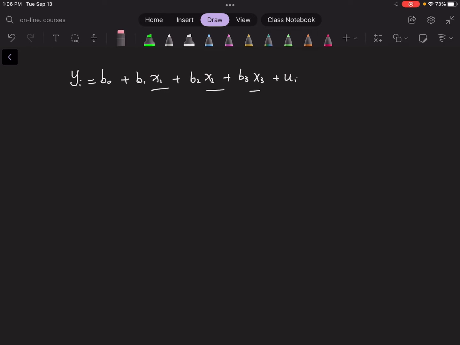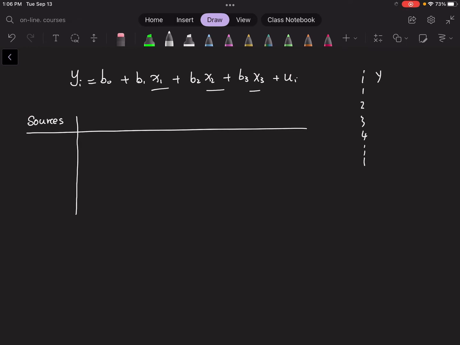Okay, so let me draw this ANOVA table. I have the sources of variation in y. For some observations you have a greater value of y, so y1, y2, y3, right? Maybe this is 90 and this is 100 and this is 80, this is 95. So you want to know why there's a difference in the values of y, what causes the variation in this variable.